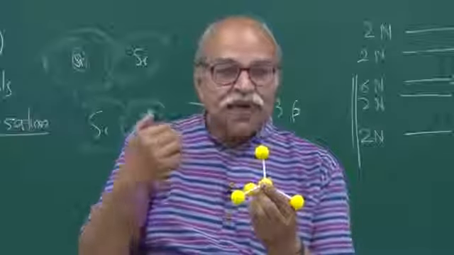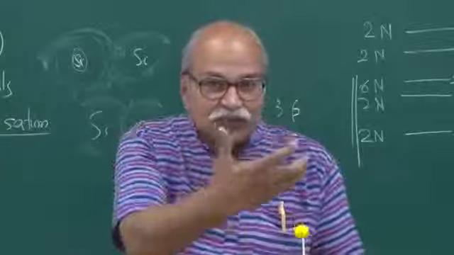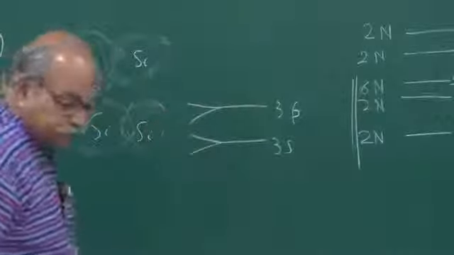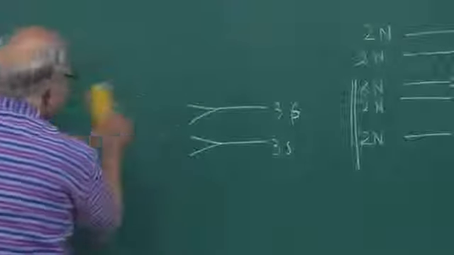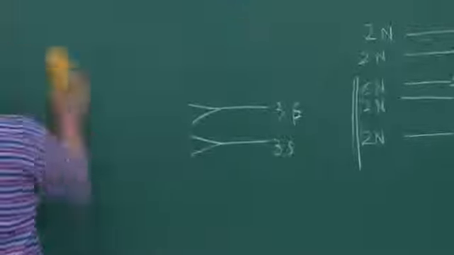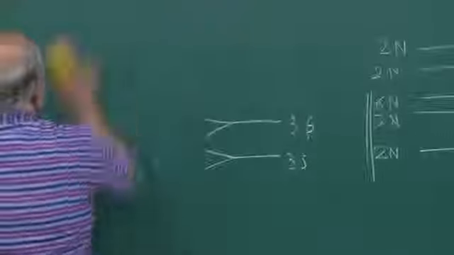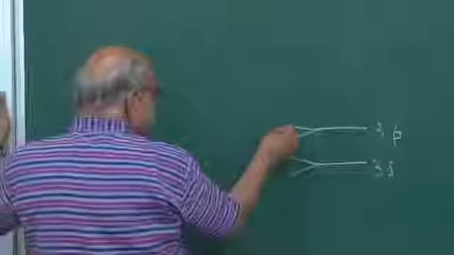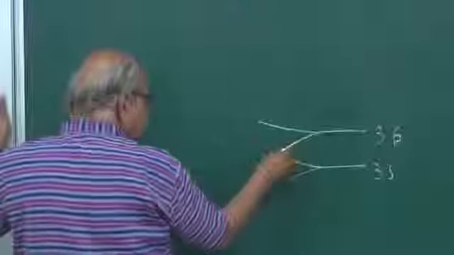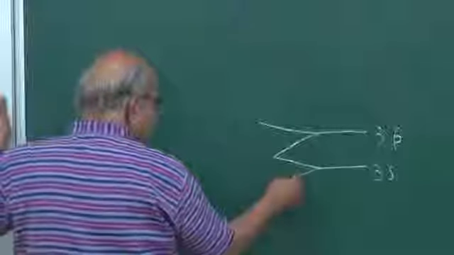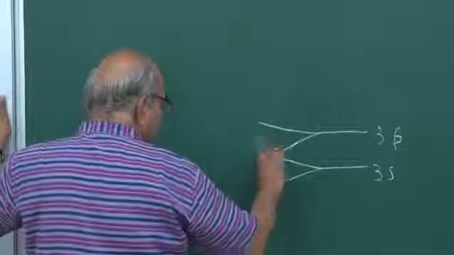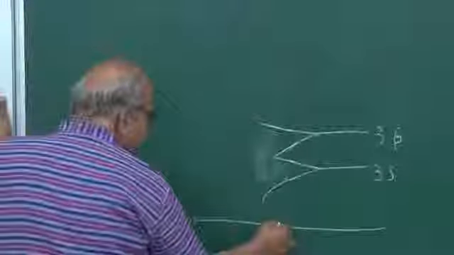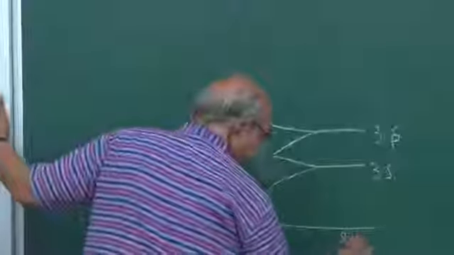So now the band structure will also be different. As you reduce the separation, the average separation between the atoms, this first broadens, gets mixed up.